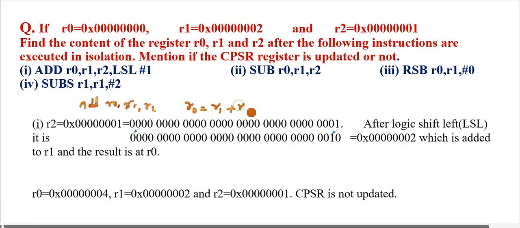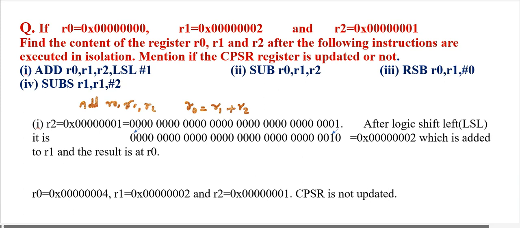R1 and R2 are the source operands. But here, extra, they have given logically shift left by 1. So this is once again the usage of the barrel shifter.